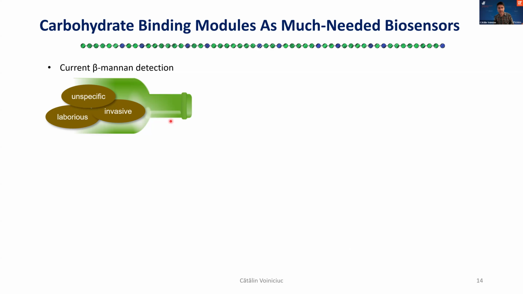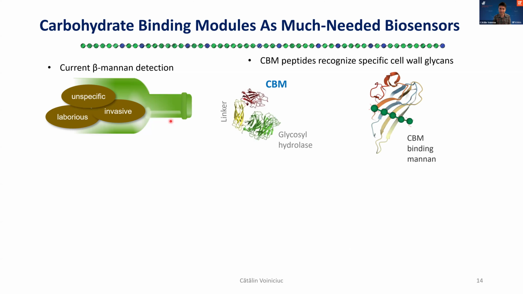Current stains are unspecific, or if you were to use monoclonal antibodies, which are available for certain mannan motifs, they're quite time-consuming to apply. We wanted a probe that would be suitable for live cell imaging, and so we exploited carbohydrate binding modules.